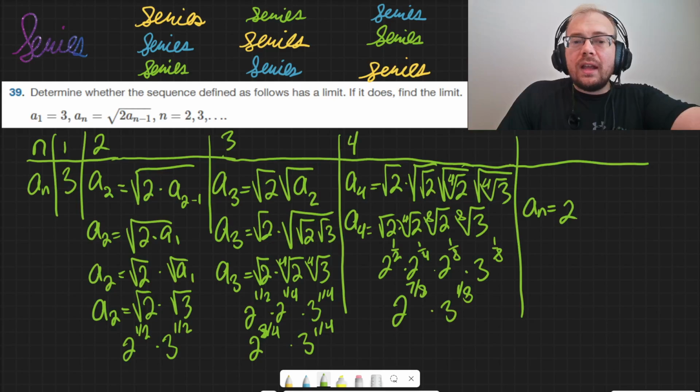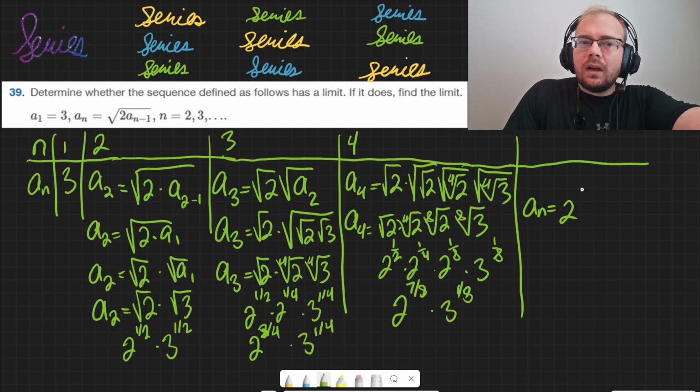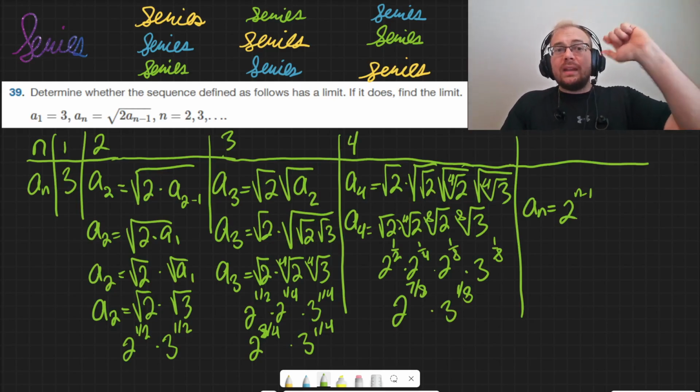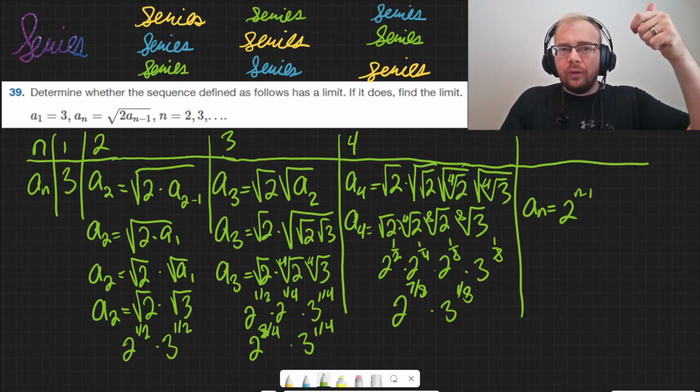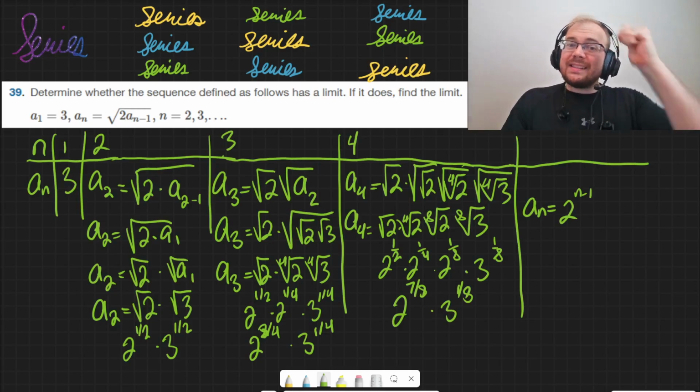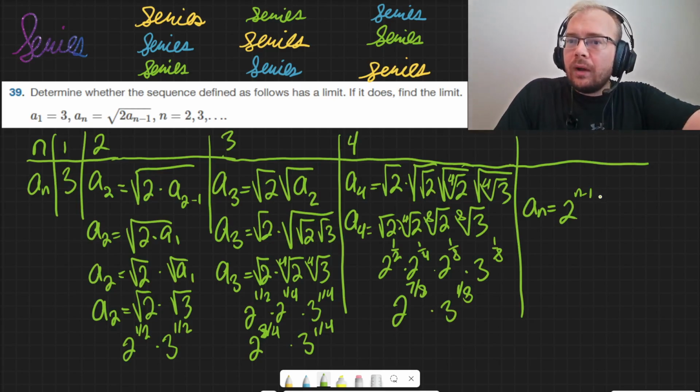So you're going to have increasing powers of 2, like n minus 1 powers of 2. As in, when n is 2, I have the first power of 2. When n is 3, I have the second power of 2. N minus 1 powers of 2.